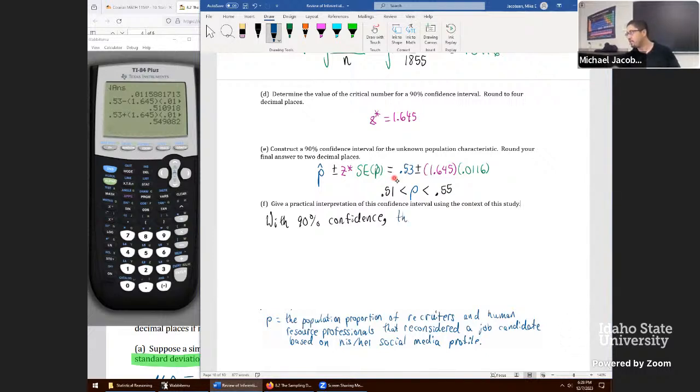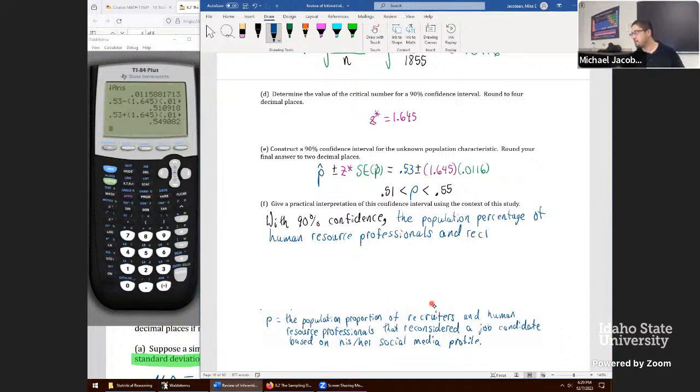We'll say, with 90% confidence, the population percentage of human resource professionals and recruiters that reconsidered a job candidate based on his or her social media profile.